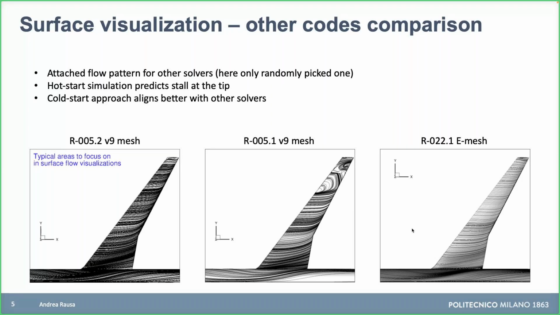Once it has separated, it won't come back. So you need to either go down to a lower angle of attack, or just start from zero. Yeah, restarting. But once it separates, you are stuck with that.